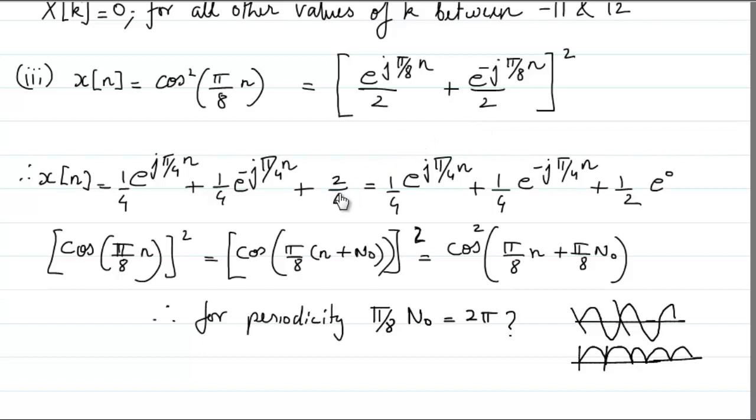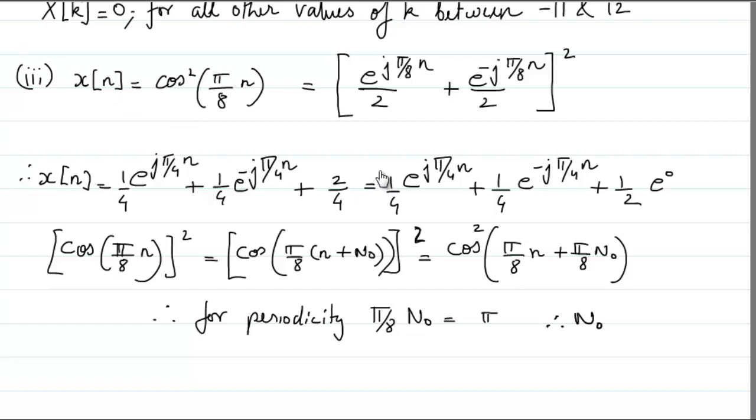So since 2 pi becomes a period of pi, here instead of the periodicity being 2 pi, I will write that the periodicity has to be done with pi. In that case, therefore, n naught is going to be equal to 8. Okay. So now we have got the periodicity, we have got the equation of x of n.